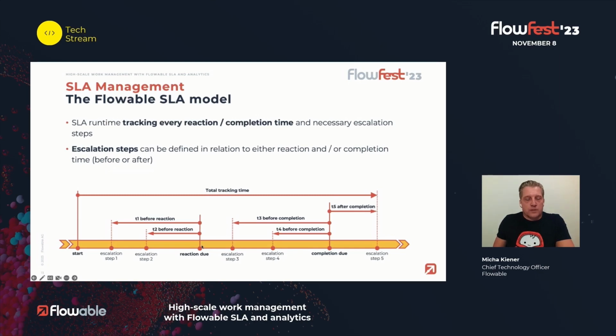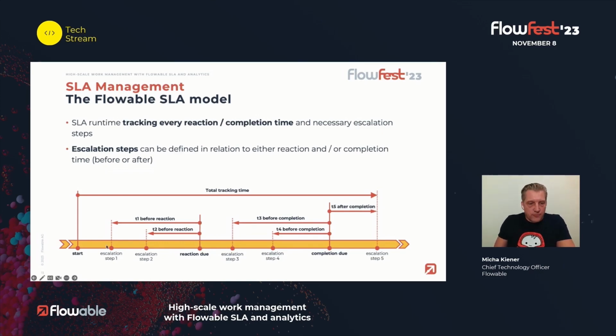And then we work backwards, depending on whether your timing is something like 10 minutes before or after one of those reaction or completion times, you can define those timing points where something happens. We call them escalation steps, like sending a message, reassigning the work item, increasing the priority, whatever it is.